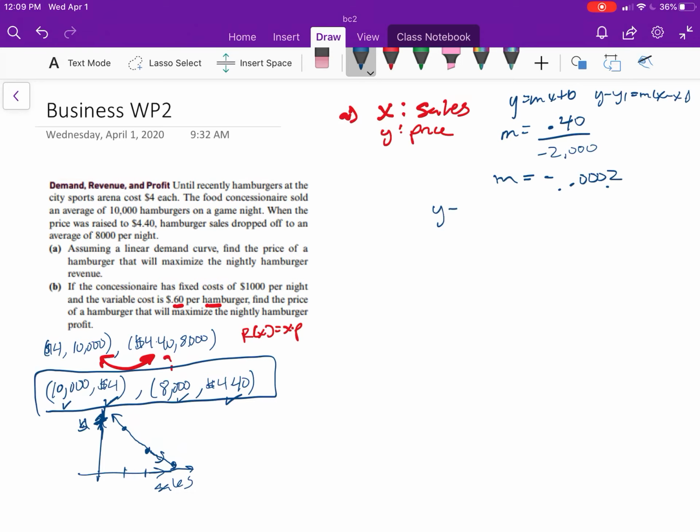Y minus, I like the first set better, y minus 4 equals negative 0.0002 times x minus 10,000. Distributing that through and adding the 4, we get negative 0.0002x. So that'd be 2 plus 4 is 6.